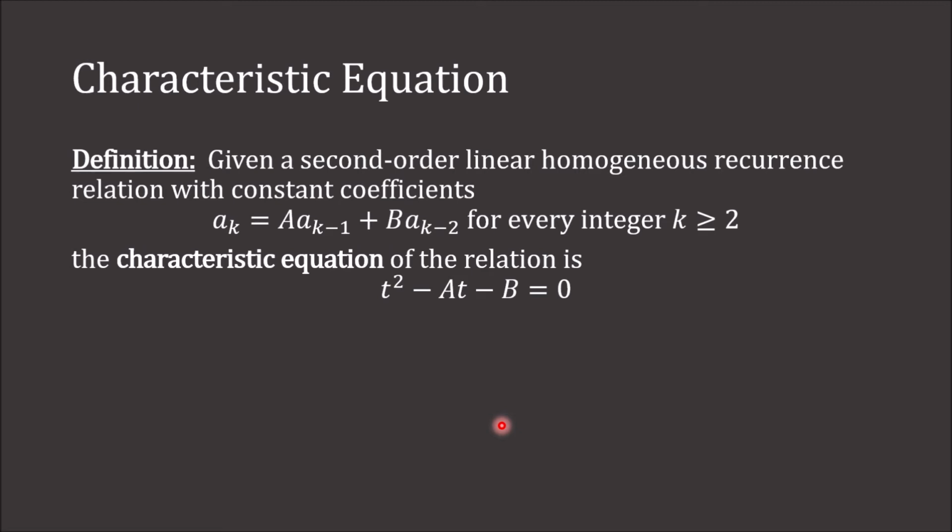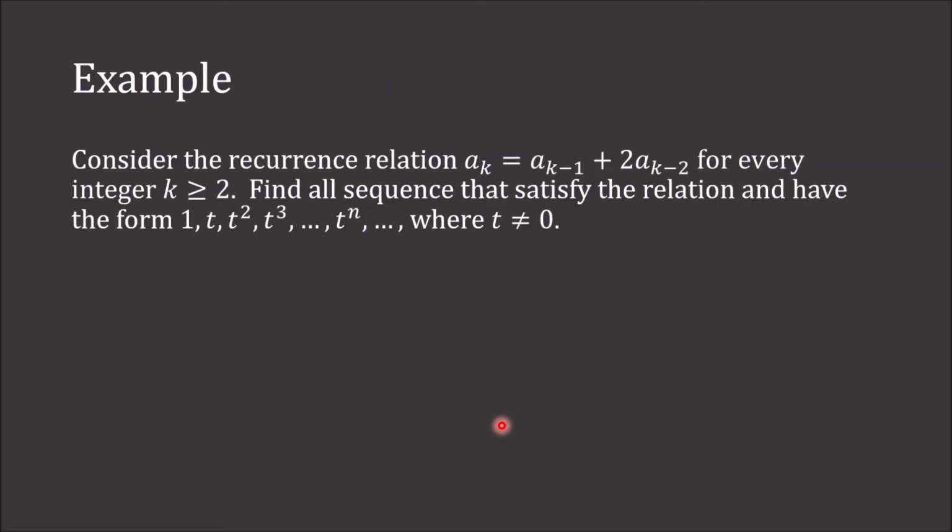So we're going to consider this recurrence relation, and we wish to find all sequences that satisfy it and have this form. So what we need to do is set up the characteristic equation. So it's t squared minus at minus b, right?